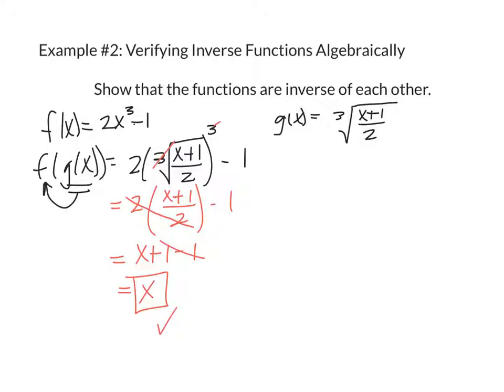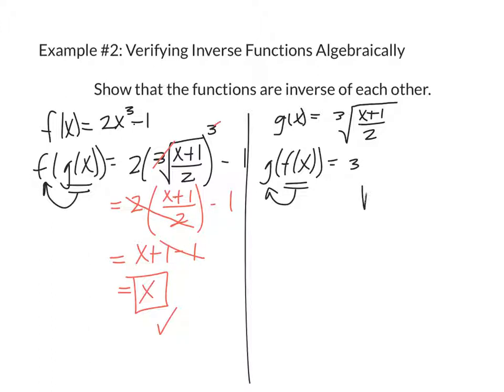Let's check to see if that happens on the other side. If I put g of f of x, that means I'm putting my f function into g. So that would be the cube root of where my x goes. This is 2x cubed minus 1, and then it's still plus 1 in the numerator divided by 2.